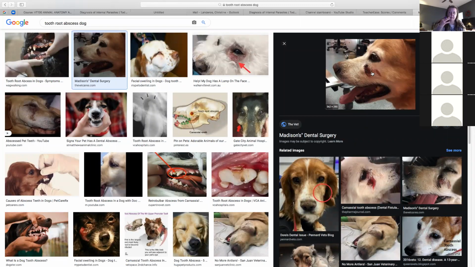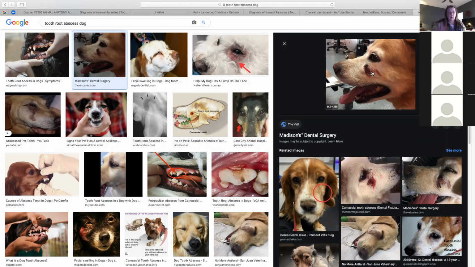What happens is if there's damage to that tooth, bacteria can migrate up into the sinus, and it swells. An abscess is a pocket of pus. But the problem is abscesses have to be lanced, or sometimes abscesses rupture on their own due to pressure.